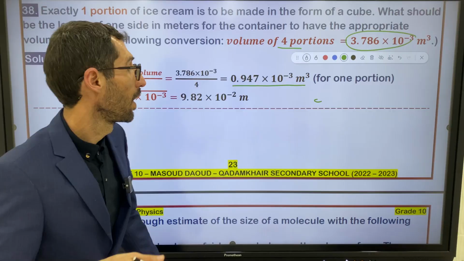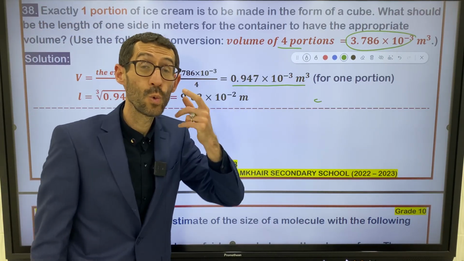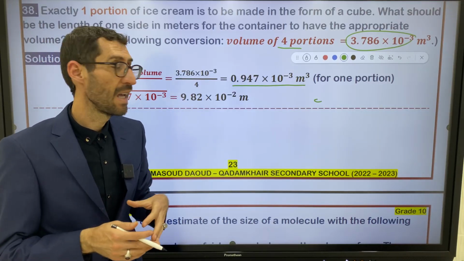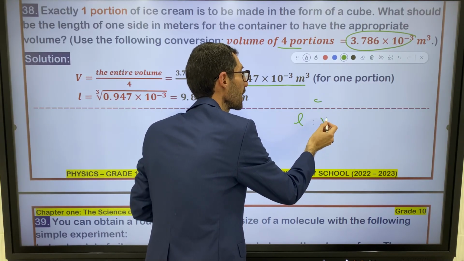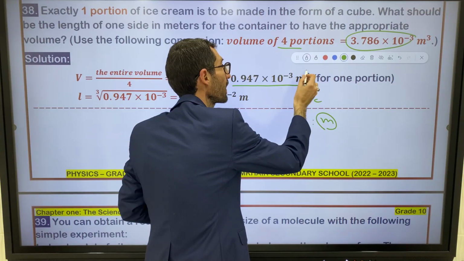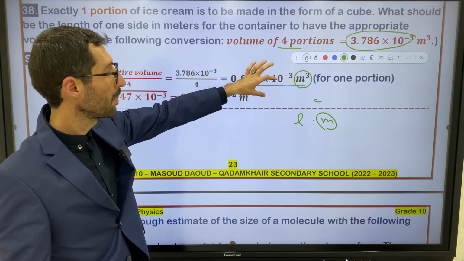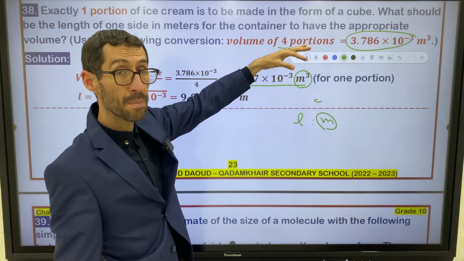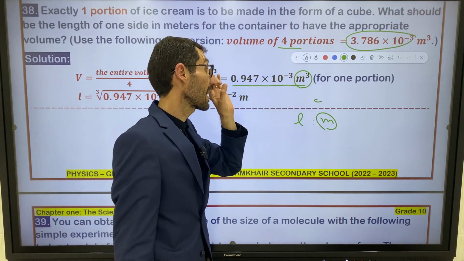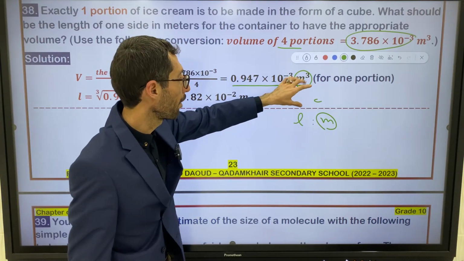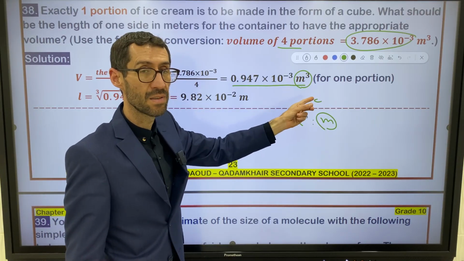Right now, think about the unit, cubic meter, and you look for what? You look for the length. And the length is measured in what? Length is measured in meters, right? But we have a volume of 1 ice cream in cubic meter. So if you take a cube root of this number, you can find the answer.